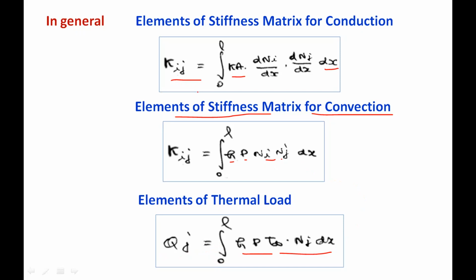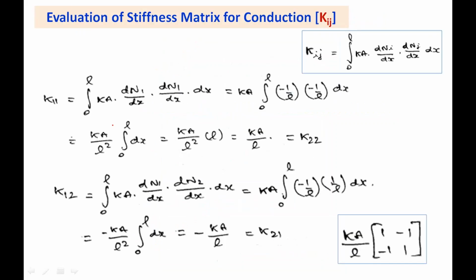So now we are going to quickly see what the elements of the stiffness matrix for conduction, convection and the thermal load are. Then we can arrange the element characteristic equation. We will see how to evaluate the elements of the stiffness matrix for conduction. In general, this is the integral 0 to L Ka dNi by dx dNj by dx dx. For the first element K11, it is integral 0 to L Ka dN1 by dx dN1 by dx dx.